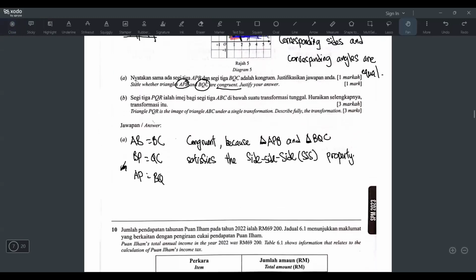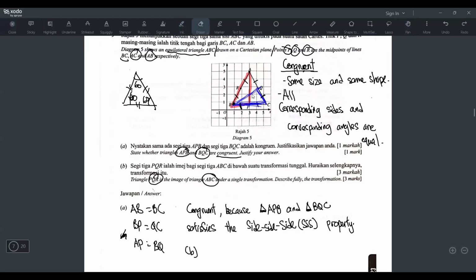Let's do B. It says triangle PQR is the image of triangle ABC under a single transformation. Describe fully the transformation. I will erase this one first. So now they want you to determine the transformation. We all know this one is all the same already. So PQR is the image of ABC. Where's PQR?